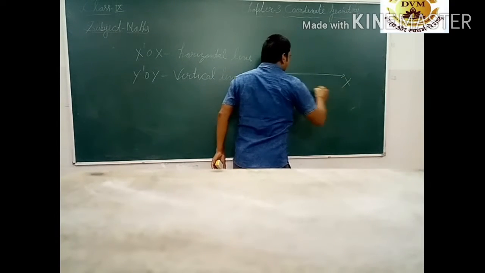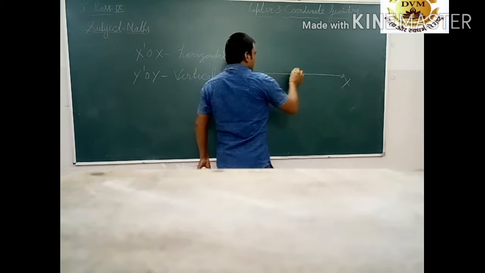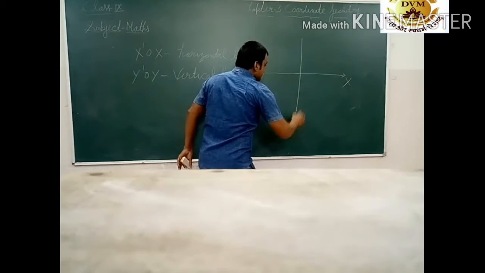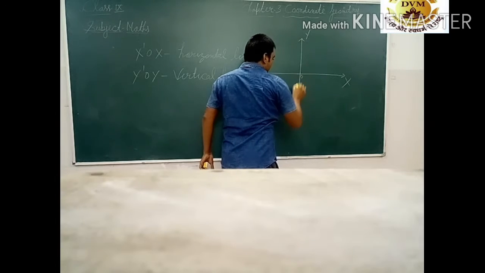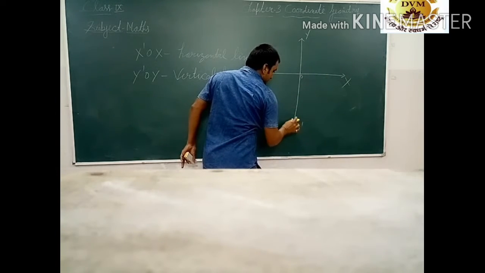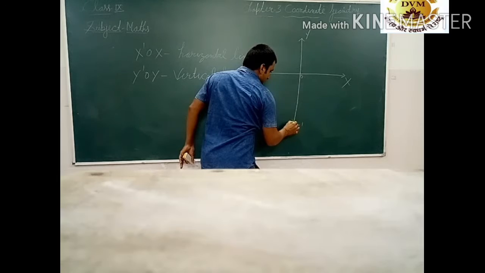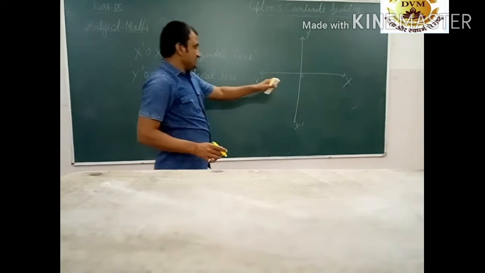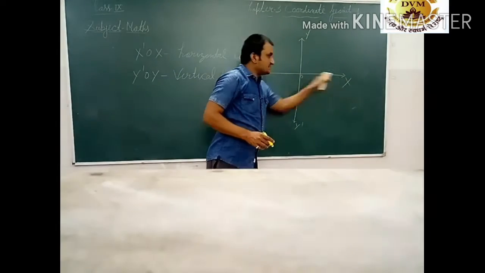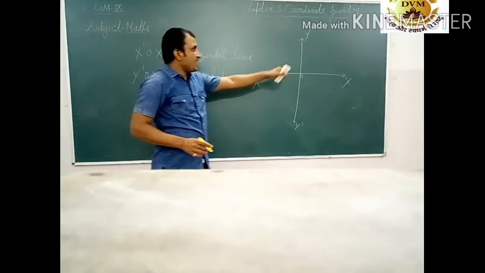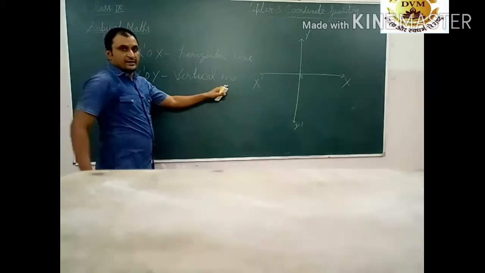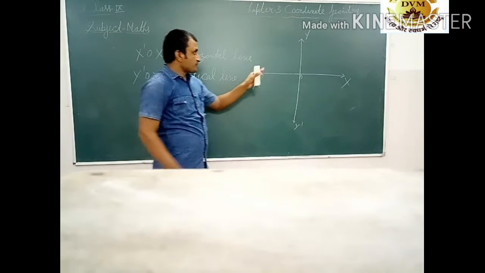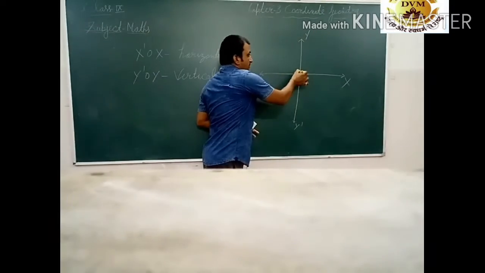This is X', this is Y or Y'. This is X'OX, a horizontal line, and Y'OY, it is called the vertical line. Understood?